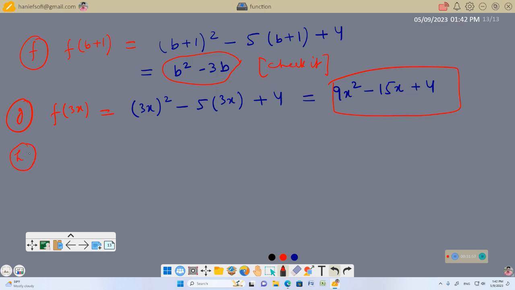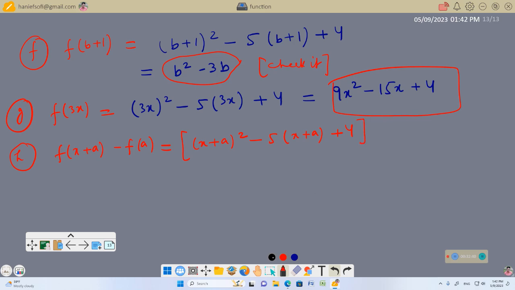Let me go to another part. H. What is f of x plus a minus f of a? It is lengthy. First, you have to find f of x plus a. Then you have to subtract f of a from that. My f of x plus a, I have to put x plus a in the function instead of x. So it is x plus a square minus 5 times x plus a plus 4. This whole thing is my f of x plus a.